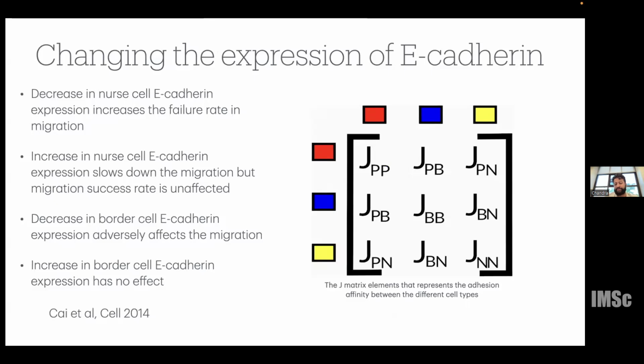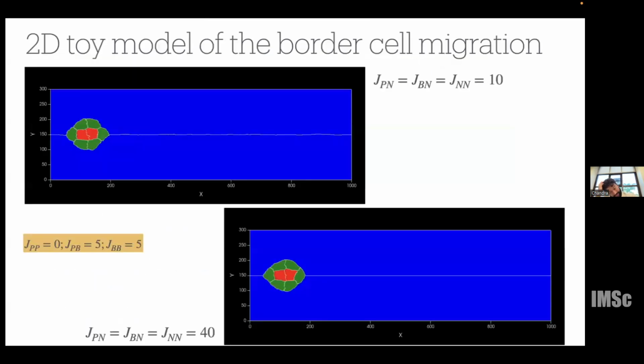But sadly, experimentally, you can only over-express it by making more copies of it, or knock it out, so you can only explore a few regimes. It's a bit of a limitation, but for the border cell, I think there's quite a lot of experimental support that there's an optimal range.